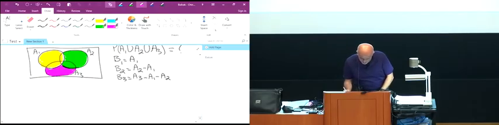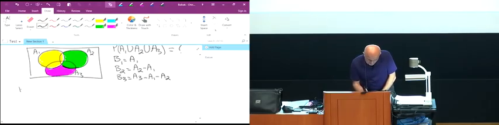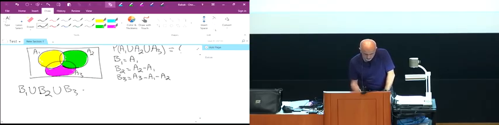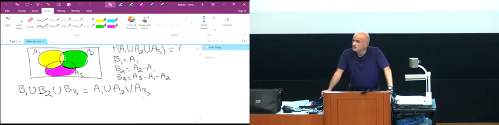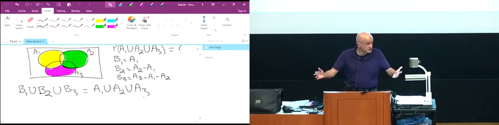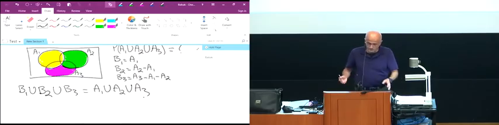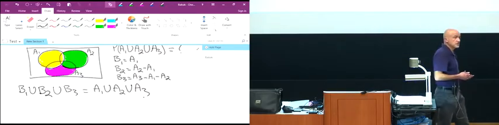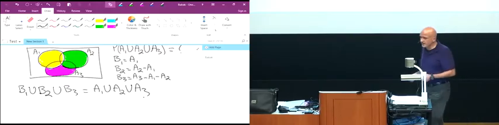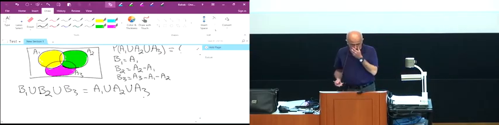Do you agree that B1 union B2 union B3 is the same as A1 union A2 union A3? Okay, by construction, right? I constructed these B's in this way. And we've also ensured, by the way we constructed these sets, that they are mutually exclusive.